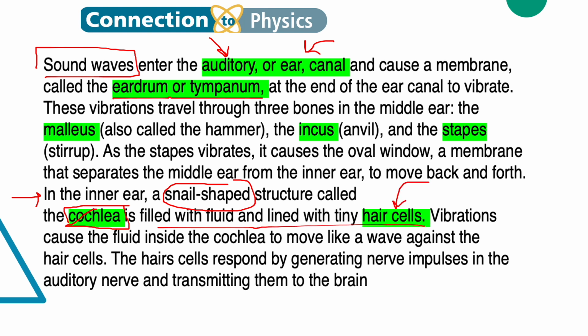The vibrations produced in this fluid are detected by the hair cells. These hair cells respond by generating nerve impulses, and this nerve impulse is carried to the brain by the auditory nerve. Don't forget that there was the optic nerve in the eye, but the auditory nerve in the ear.